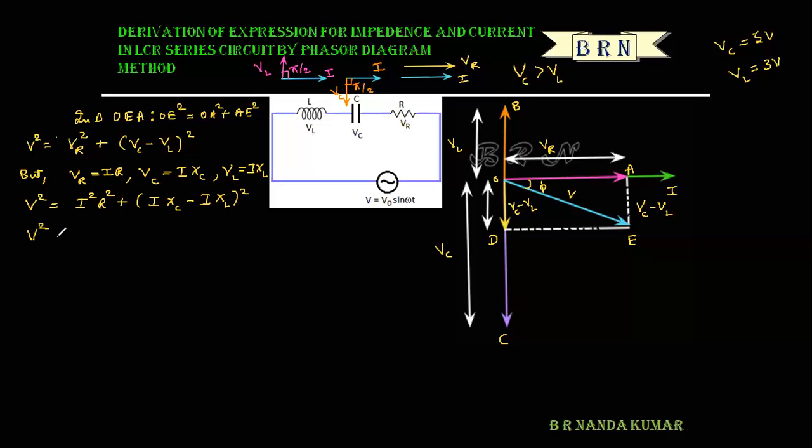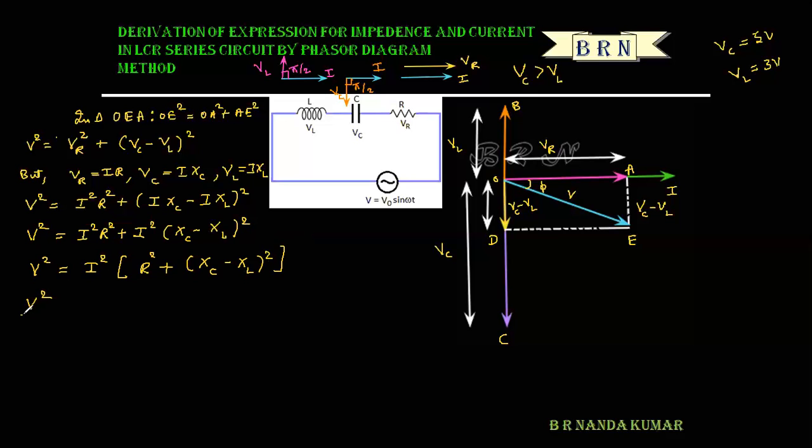So V squared is equal to I squared R squared plus, taking I squared common outside the square bracket, I squared of XC minus XL whole square. So V squared is equal to I squared of R squared plus XC minus XL whole square.